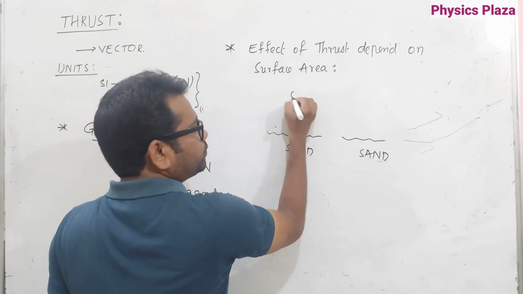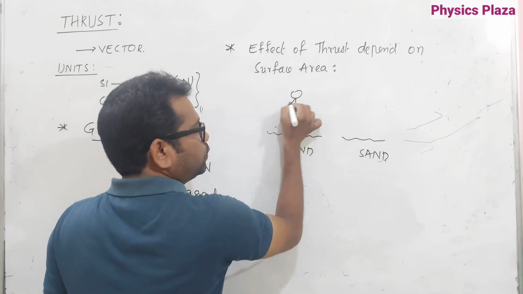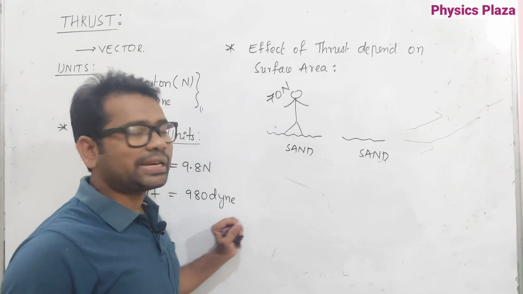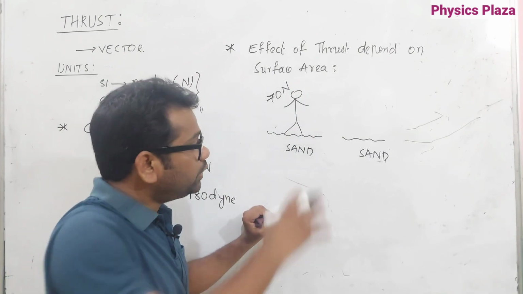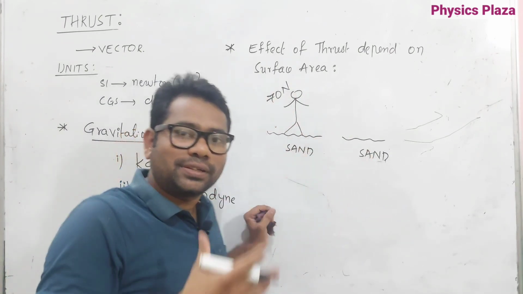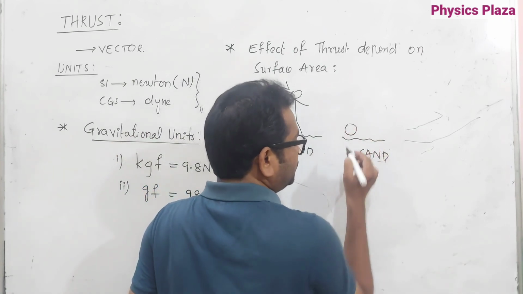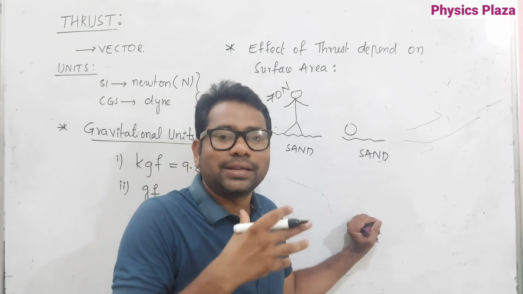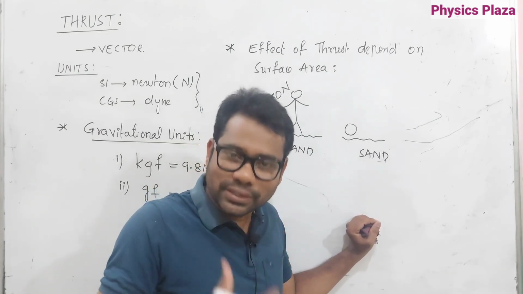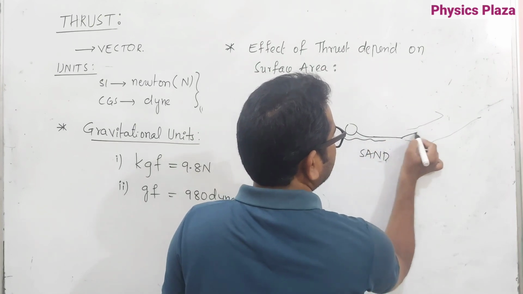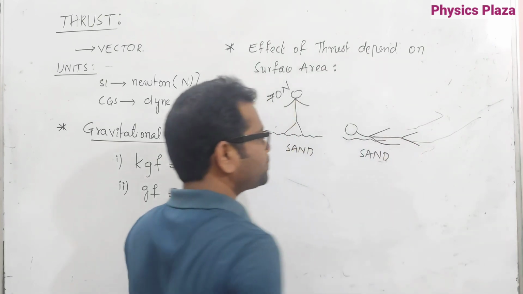So here the person with 70 Newton is standing. Now let us say the same identical person is sleeping. Sleeping means simply lying on the surface of the sand. Simply he is lying, something like this.